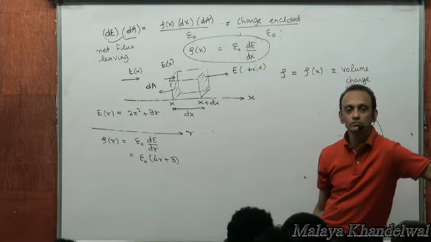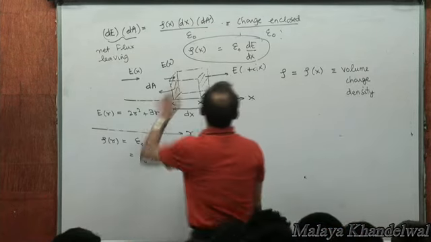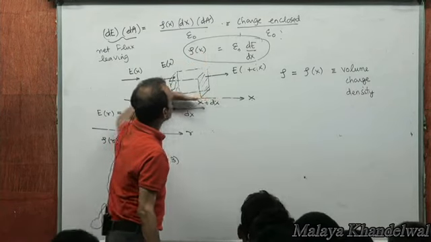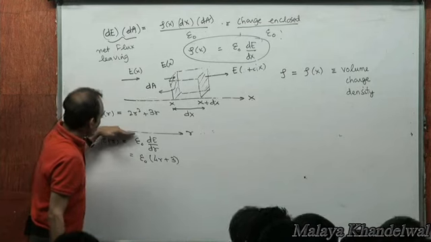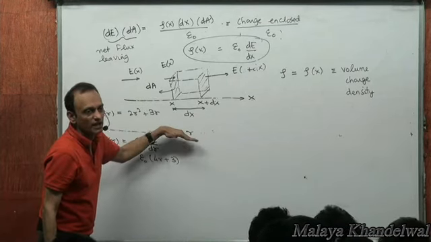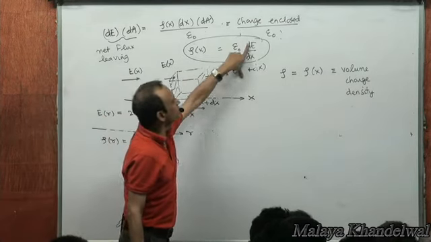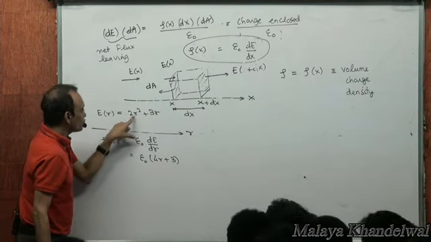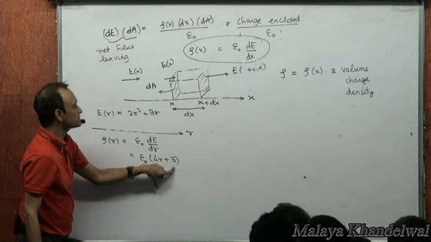Didn't understand this part? Okay. So this was in the x direction; instead of the x direction, I have the r direction. That means along this direction r varies, r equal to 1, r equal to 2. So rho at r would be epsilon naught dE by dr, and dE by dr is 4r plus 3. So rho at r would be epsilon naught times (4r plus 3).